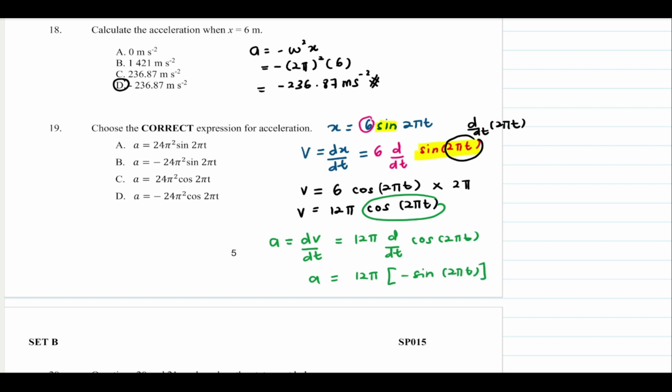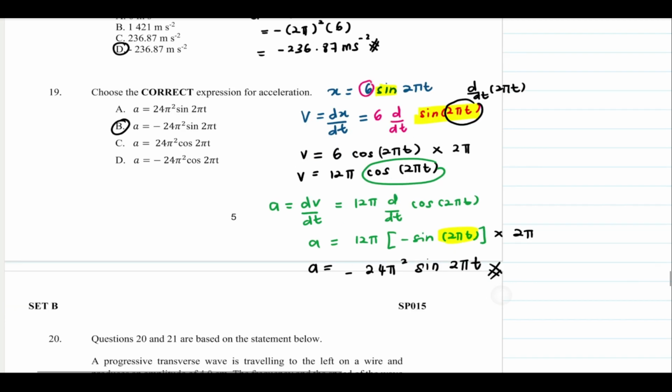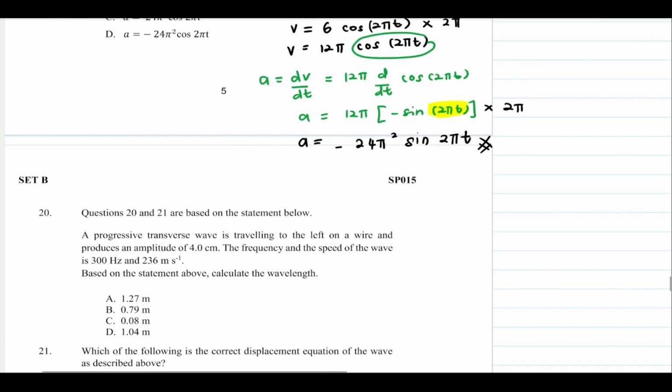Dan jangan lupa differentiate lagi sekali dalam ini. Darab 2 pi. So dia akan jadi negative 24 pi squared sin 2 pi t. Okay, this is the answer. So the answer is B. Okay, and then the last question for this video.